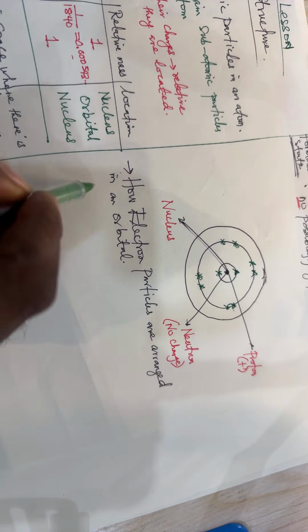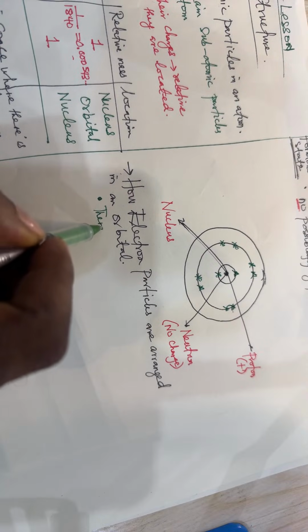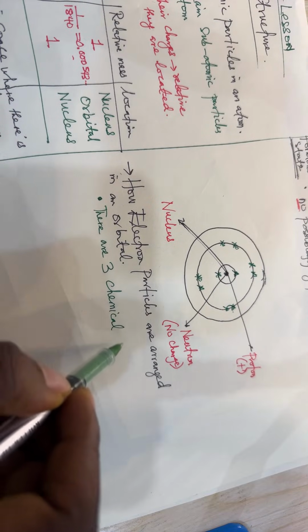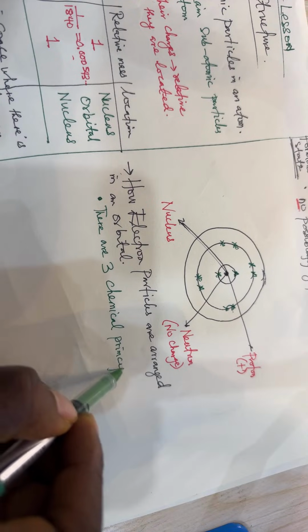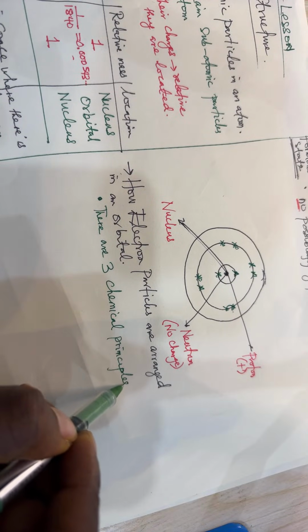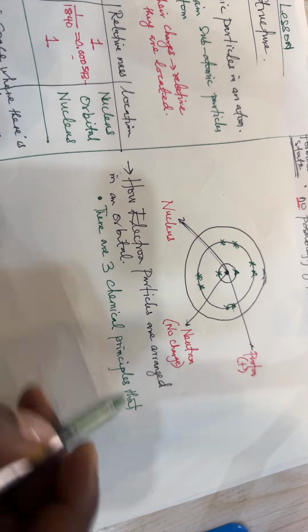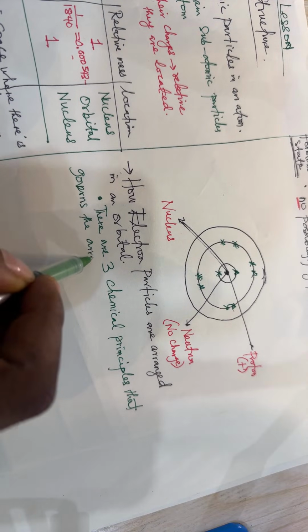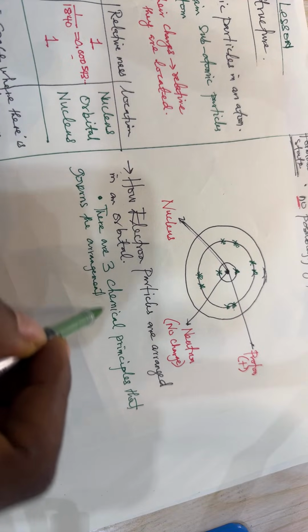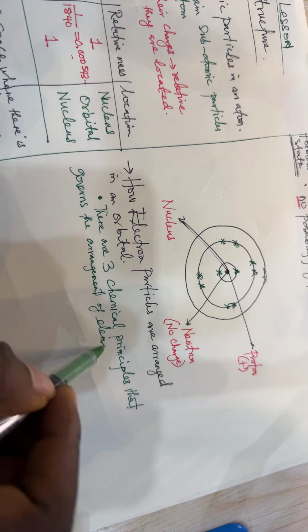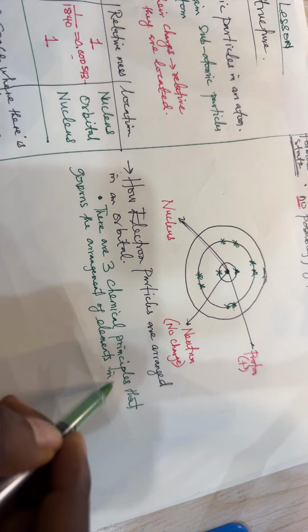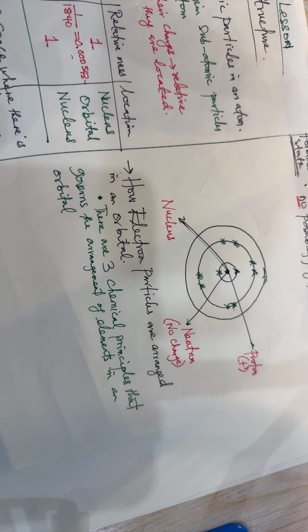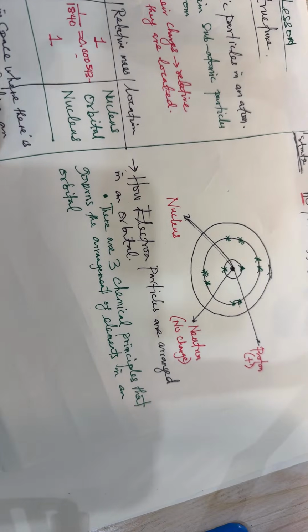There are three chemical principles you need to know that govern the arrangement of electrons in an orbital.